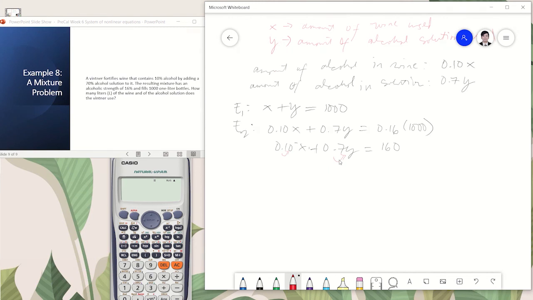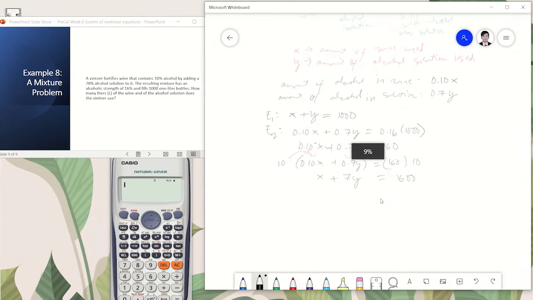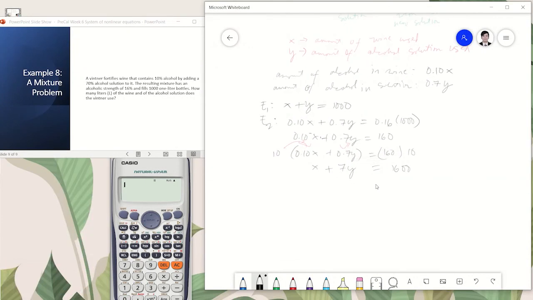To do that, we need to multiply a 10 on both sides. So 0.10x plus 0.7y we multiply by 10. Distribute the 10. That will make it 1x. Then here, that will make it 7y. Then 160 times 10 is 1,600. So that's our second equation. So we already have x plus y is equal to 1,000 and x plus 7y is equal to 1,600.